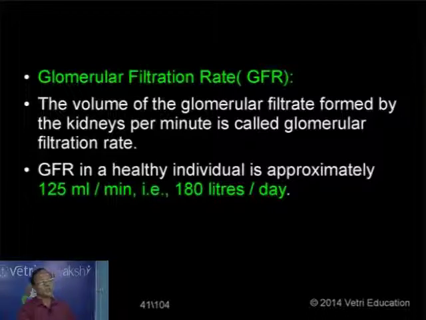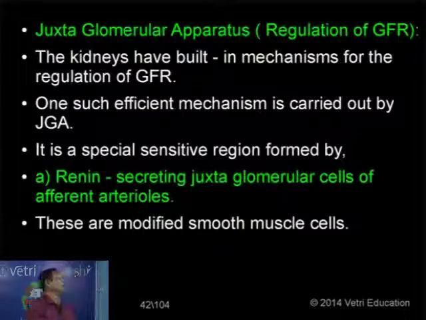It is normally about 125 ml per minute or 180 liters per day. Simply, you can say it is the amount or volume of filtrate produced per minute, or per day also we can calculate.